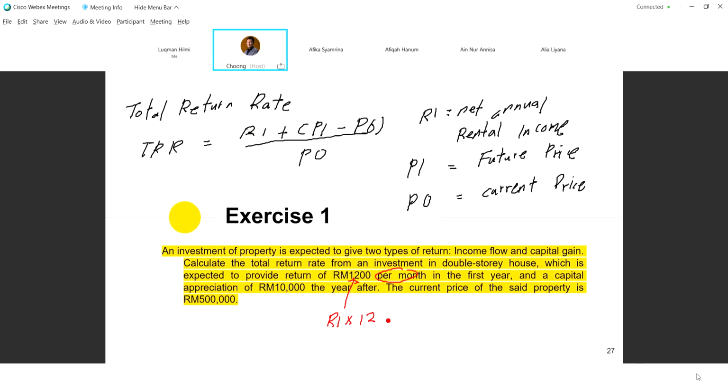Remember, it's always the net annual rental income. Capital appreciation of 10,000 the year after, and the current price 500,000.